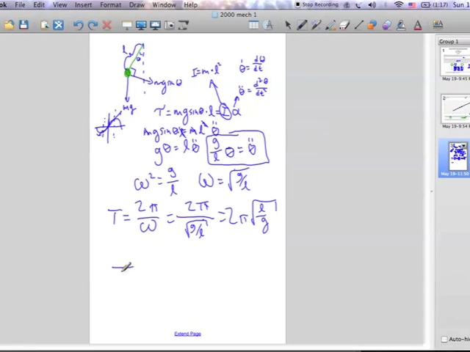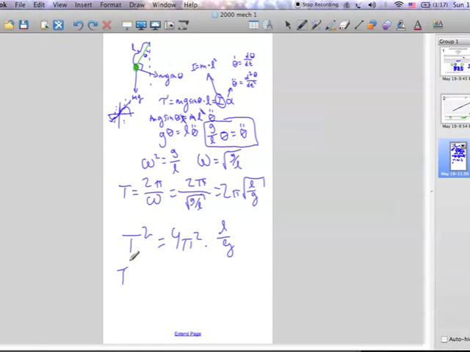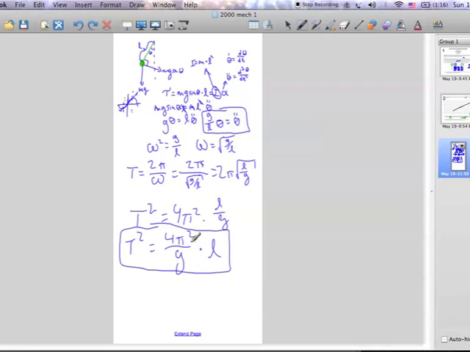So T squared equals 4 pi squared times L over g. And so T squared equals 4 pi squared over g times L. So here is the very useful equation, where this coefficient in front, this little coefficient here, is the slope of that graph over there.